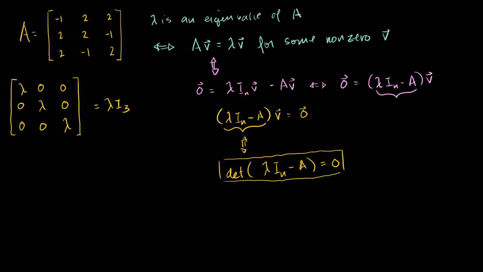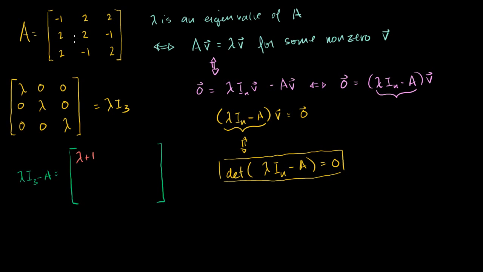Now lambda times the identity matrix minus A is actually pretty straightforward to find. Everything along the diagonal is going to be lambda minus that entry. Let's just do it. Lambda minus minus 1 is lambda plus 1.